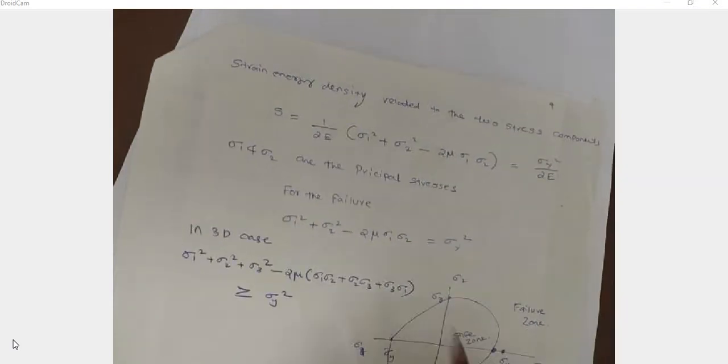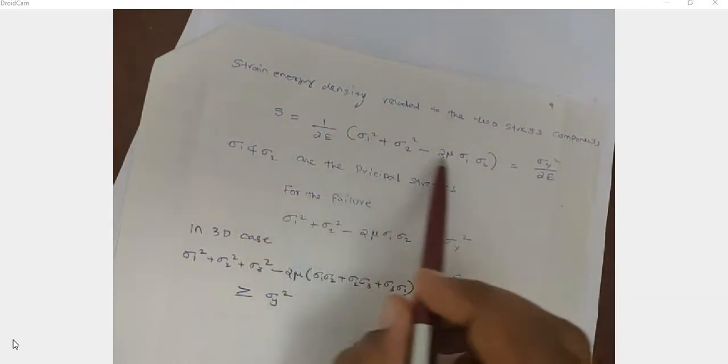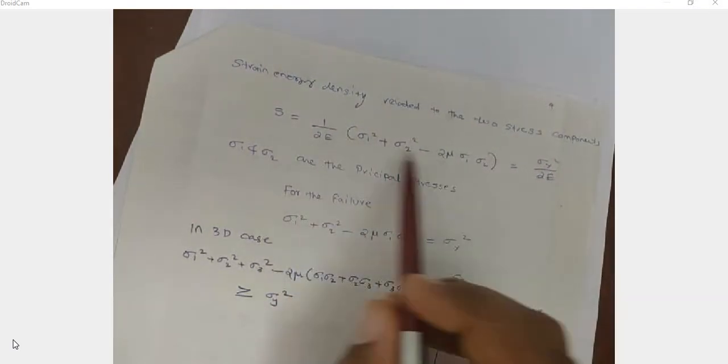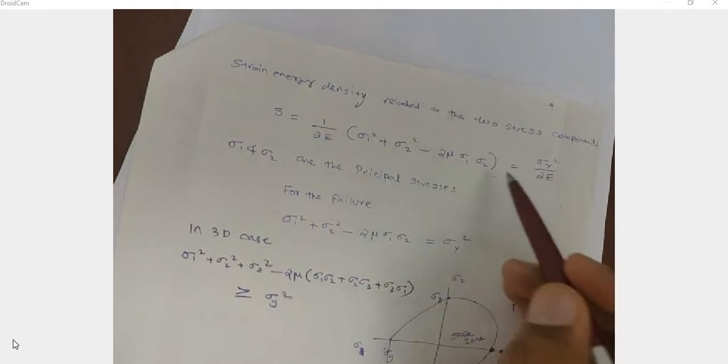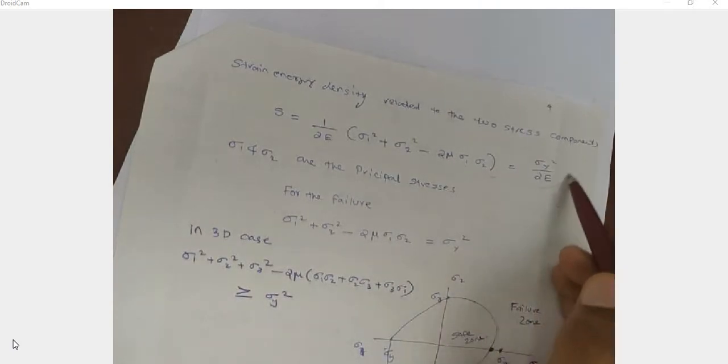So we can equate the strain energy corresponding to two components of stress. This one is the strain energy for two components of stress: 1 by 2E into sigma 1 square plus sigma 2 square minus 2 mu into sigma 1 into sigma 2. At the time of failure, this will be equal to the strain energy corresponding to yield point.